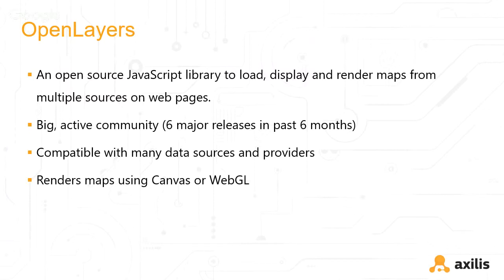It is compatible with many data sources and providers. The only drawback is that it's not compatible with Google Maps because of its closed source, so they don't even plan to support it. And it can render maps using Canvas or WebGL.